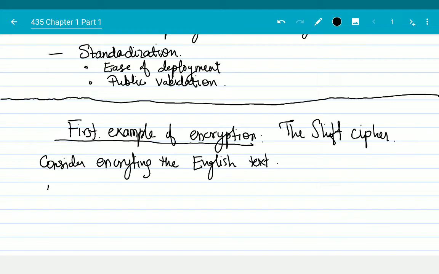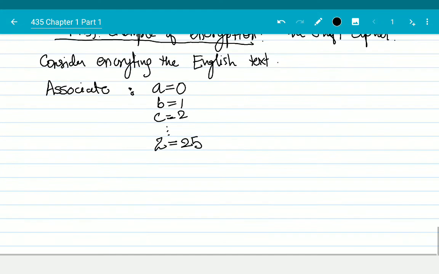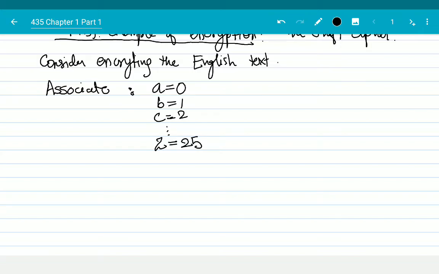We associate A equal to 0, B equal to 1, C equal to 2, and so on, Z equal to 25. Then my key k is going to be one of 0 to 25.